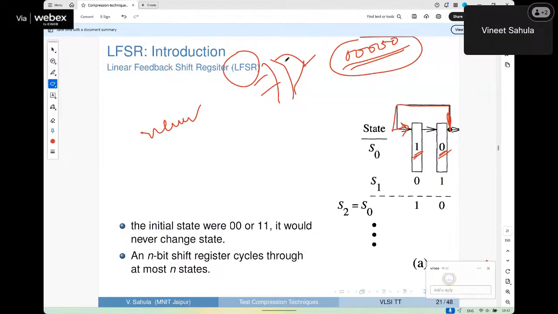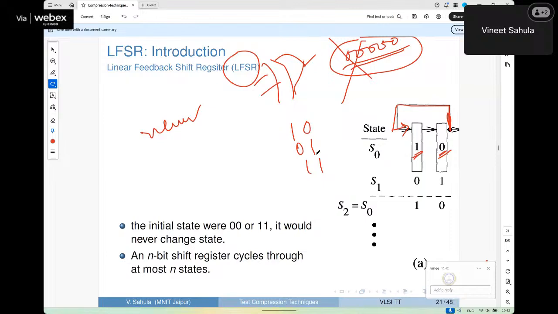It is forbidden, because modulo 2 arithmetic will always result in all zeros. So this is altogether avoided and never used as an initial pattern. The initial pattern can be anything else, so it could be 1, 0, 0, 1 or 1, 1.